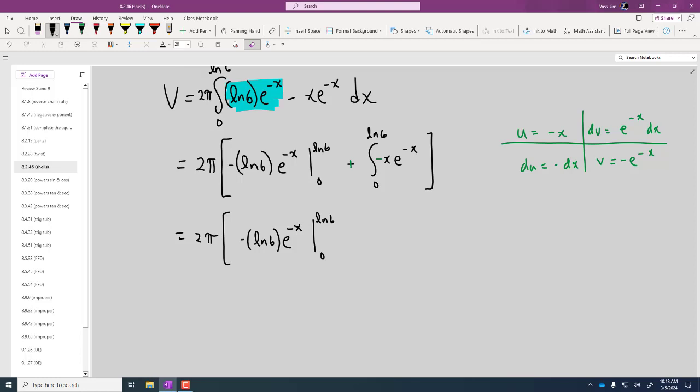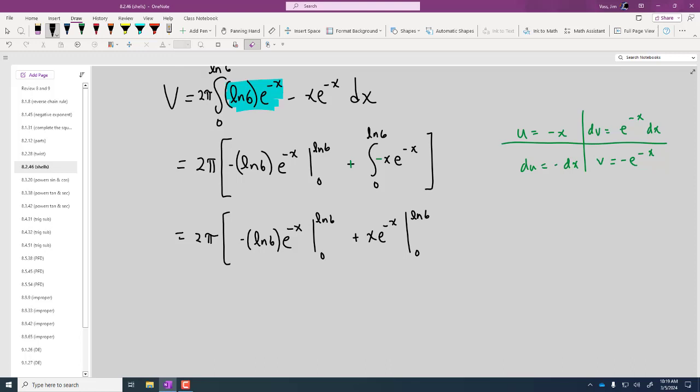So down in here, plus, and u times v is positive. So we're going to have an x e to the negative x, and this is evaluated 0 to natural log of 6. We're just going to do it all at the very end, though.